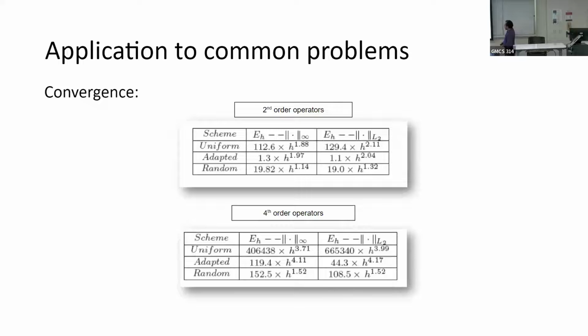More important, we use second order operators, and with the adaptation, you already get second order. And if we use fourth order operators with the adaptation, we also get fourth order. So what you're showing us here is that the adaptation, which is not natural for your mimetics, still doesn't dilute your order. And it goes fast, actually.